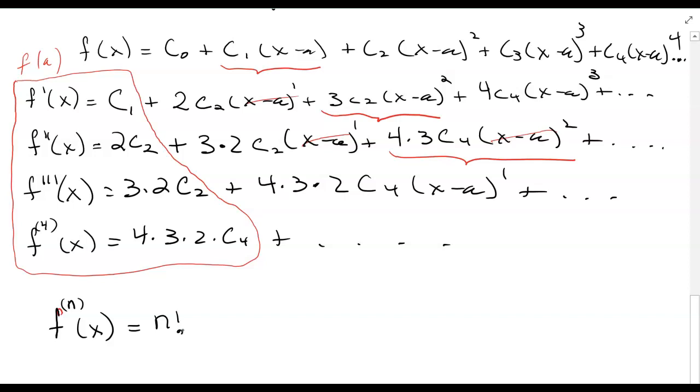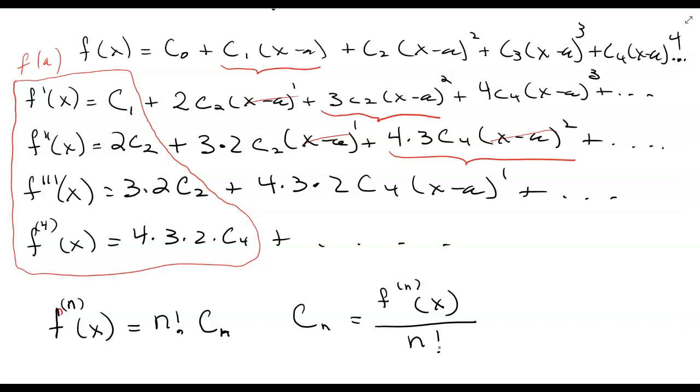Whatever that derivative's factorial, c to that derivative subscript. So that would mean my c sub n is going to equal f to the n of a divided by n factorial. So that's kind of where it comes from.